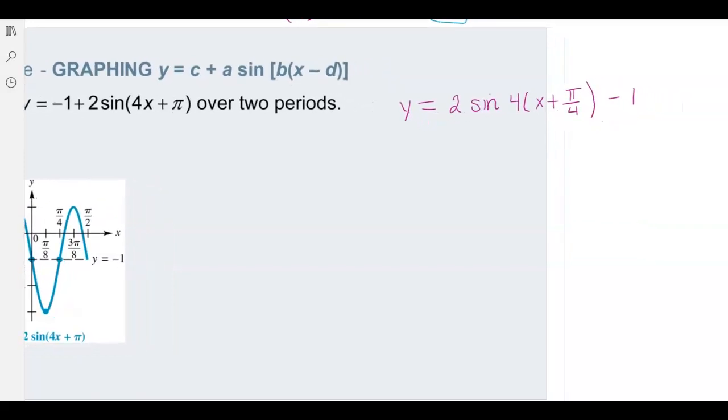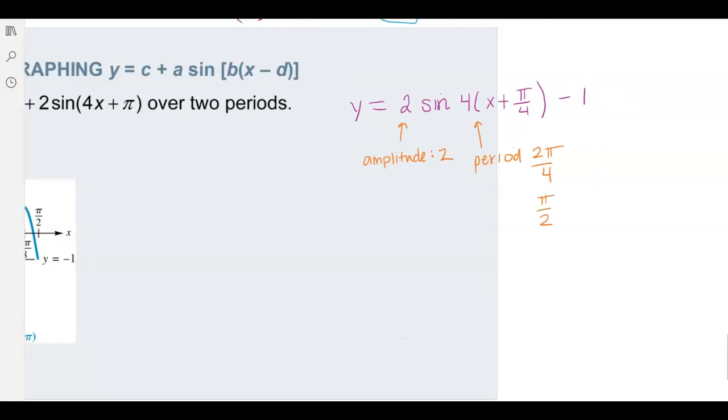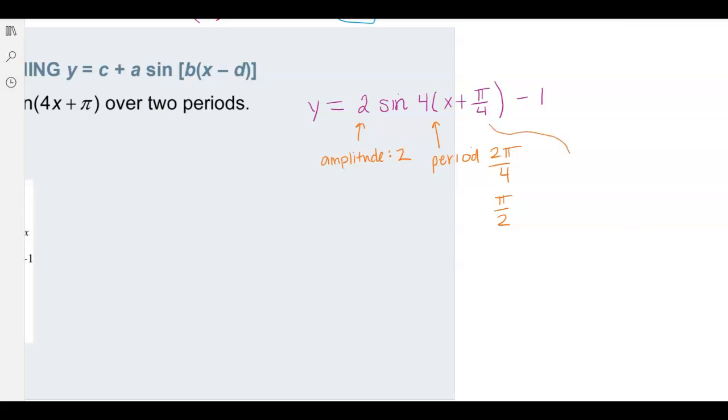Okay. So we know that the amplitude is 2. We know that the period is going to be 2 pi over 4, which is pi over 2. This is the phase shift.